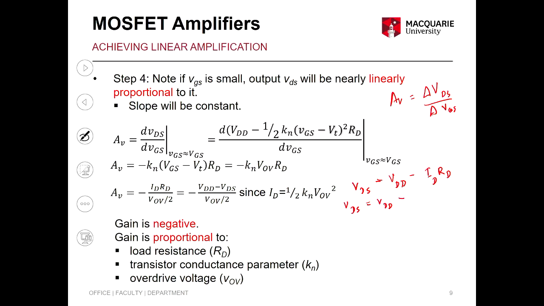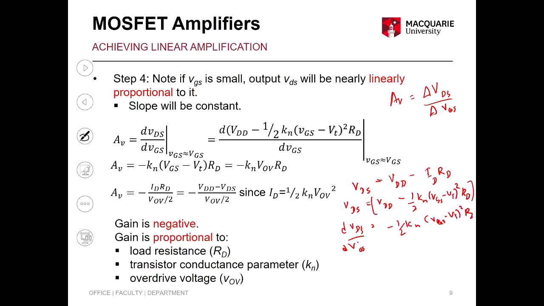You can remember the end result, but because it's easy, I'll just do it here anyway. If you do dVDS by dVGS, this is constant, so it goes away, and you get half Kn times VGS minus VT squared times RD.